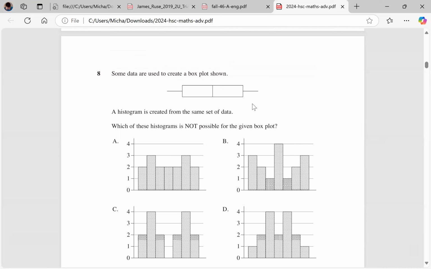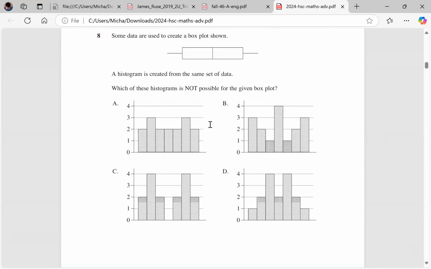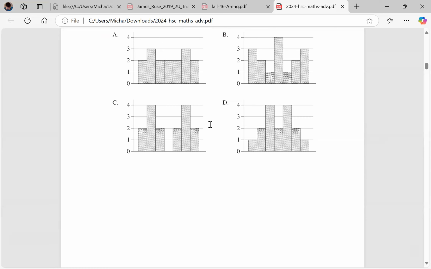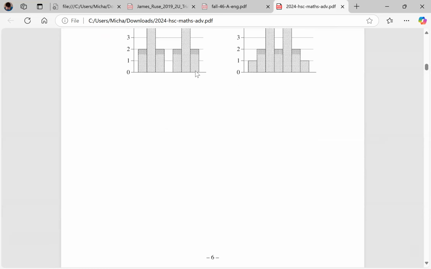What's a box plot again? It's like the range, and these are the quartiles, and that's the range, the extreme thing. No, this question is bothering me.